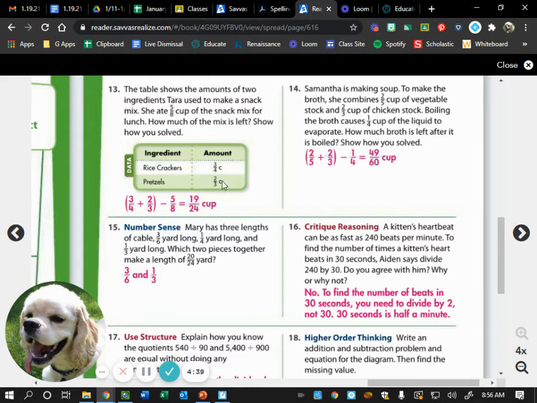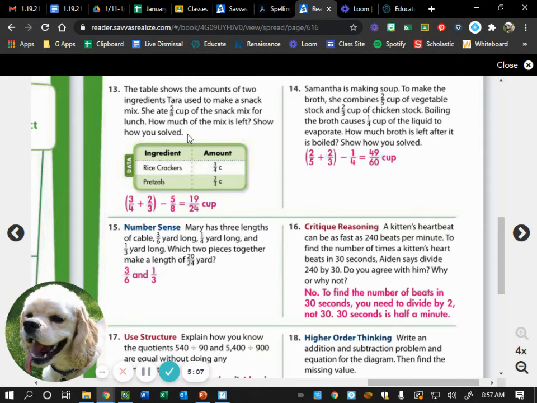So 3/4 plus 2/3. The least common denominator would be 12. However, if you wanted to create a 3-fraction equation like they did here, you would be thinking about, okay, what's the least common denominator for 8, 4, and 3? That would actually be 24.